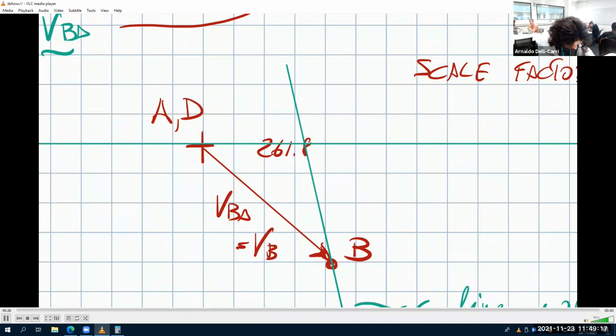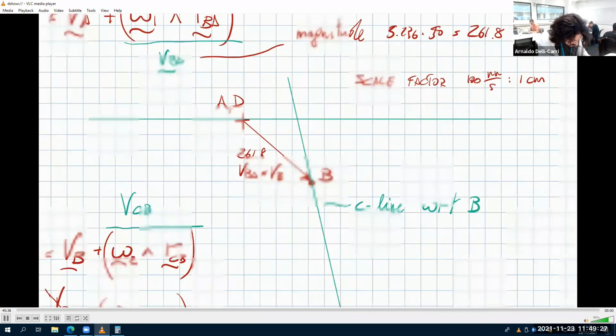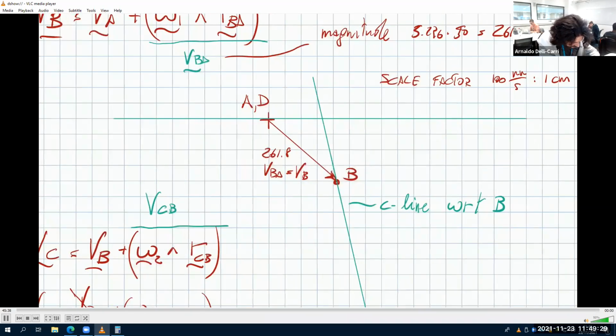If I can make this better. There we go. And so this is the C line with respect to D. And we know that C must lie on this line and on this line at the same time. So where is C? It must be here.